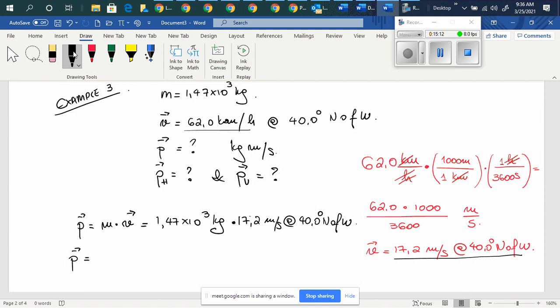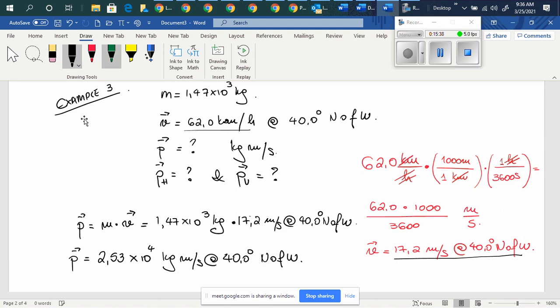So when you enter it into your calculator, 17.2 will be 2.53 times 10 to the power of 4 kilograms meters per second at 40 degrees north of west.